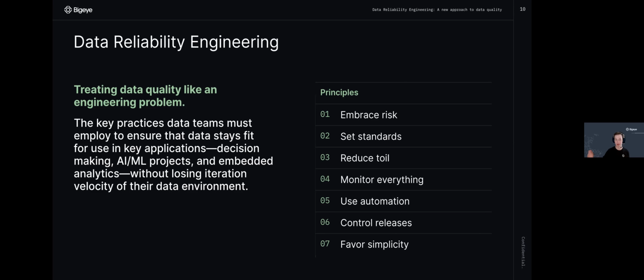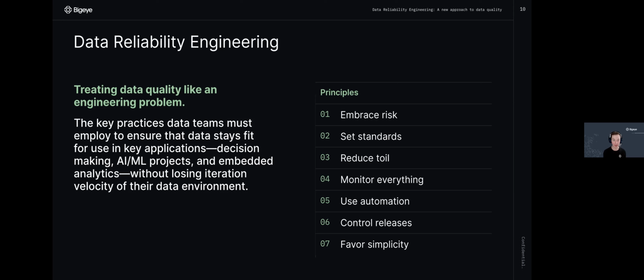So if we look at the principles, they're all the same. All the same principles apply to data reliability engineering. They're just slightly different. Releases in this case might be ETL changes and schema changes to your tables. Automation might be more around ETL frameworking, and that also goes for reducing toil.